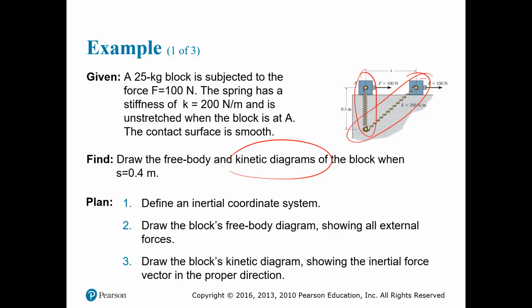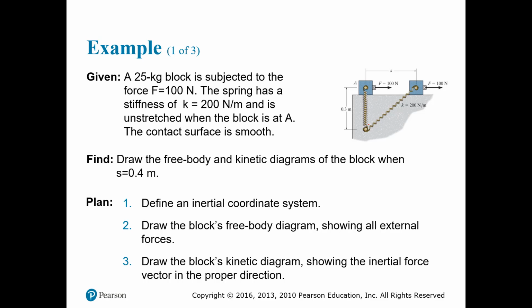At first we need to establish a coordinate system that will be given by us. Then we need to draw the free body diagram showing all of the external forces, and then we need to draw the kinetic diagram in order to show the inertial forces. Before I start throwing numbers, we need to know the data that we have and the calculations that we need to do.